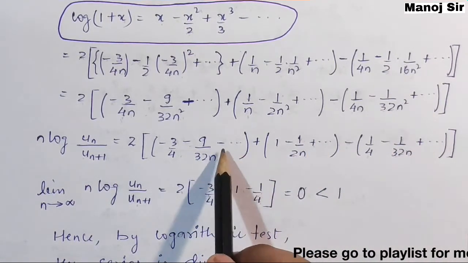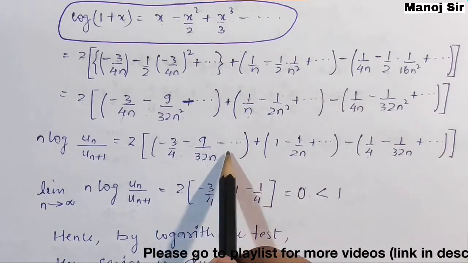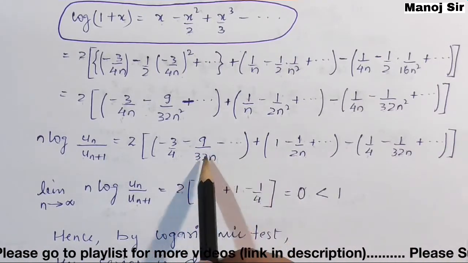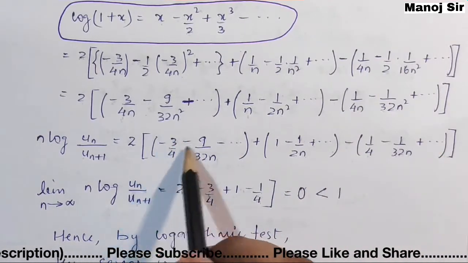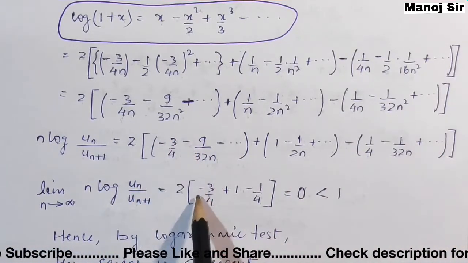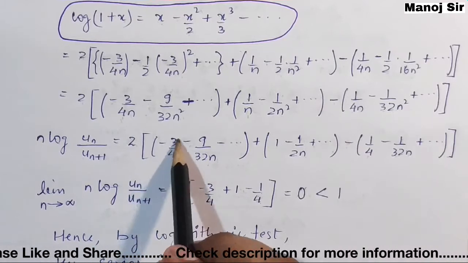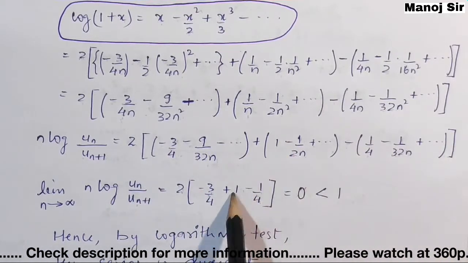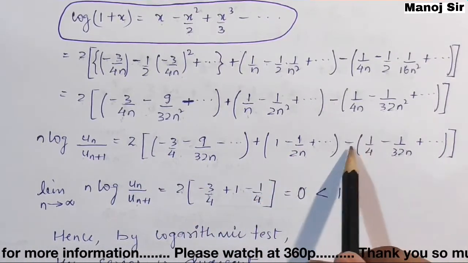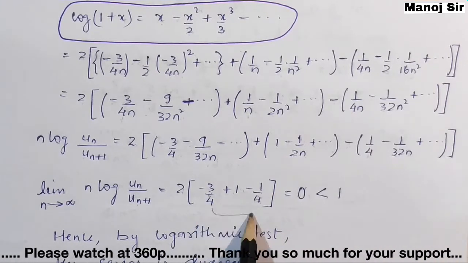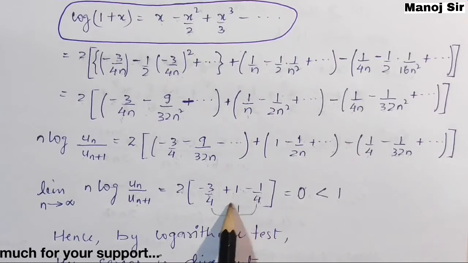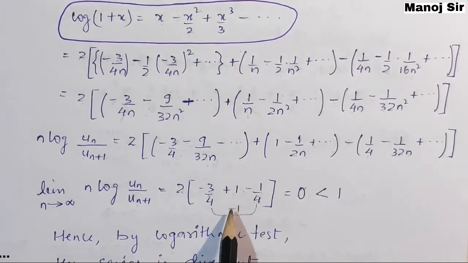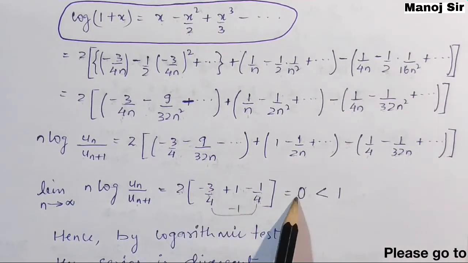All the terms after this will contain n, so all the terms will become 0. So in the first part we will have 2 as it is, minus 3 upon 4. Here we will have only 1, and here minus 1 upon 4. If you add minus 3 upon 4 minus 1 upon 4, you will get minus 1. Minus 1 and plus 1 will get cancelled. So 0 into anything will become 0.